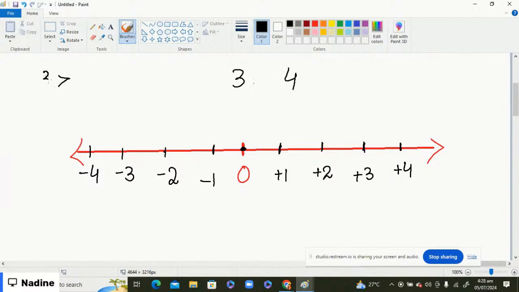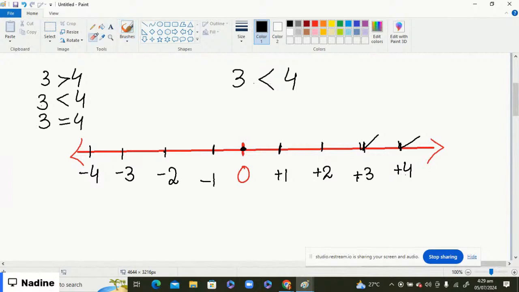If you put this sign, it means that 3 is less than 4. If you put this sign, this means that 3 is equal to 4. When we see here is 3 and here is 4, it means that 4 is bigger than 3. So here is the sign, the second one, that shows 3 is less than 4, or in other words, you can say that 4 is bigger than 3.